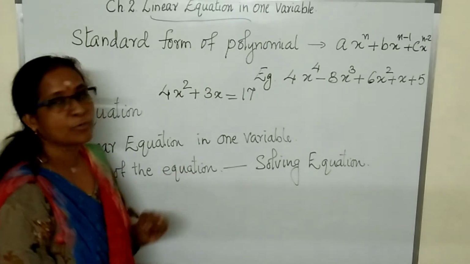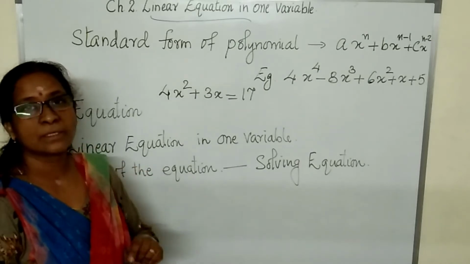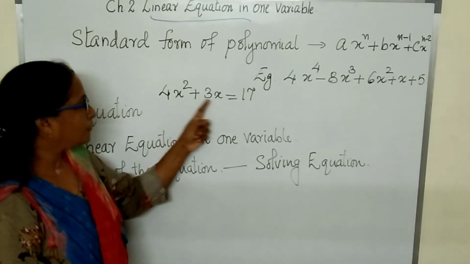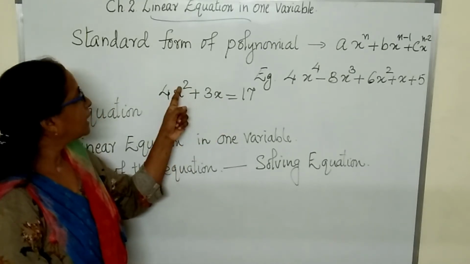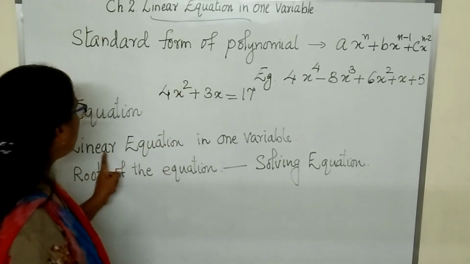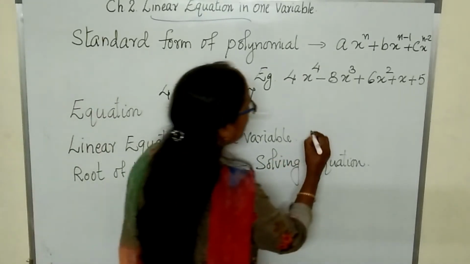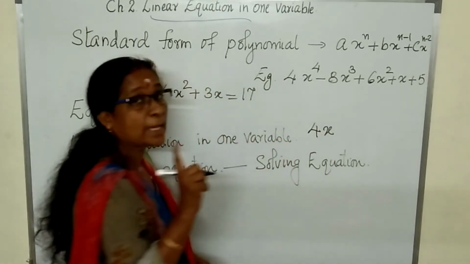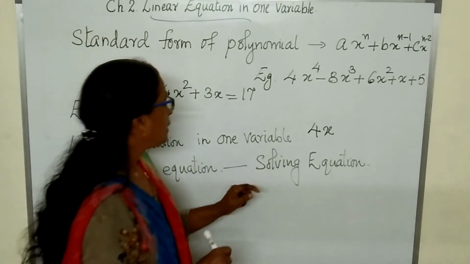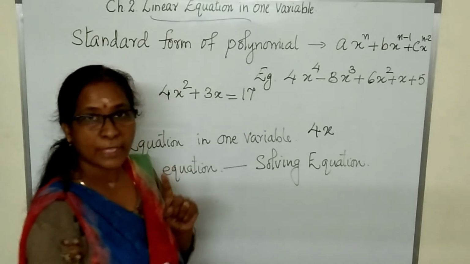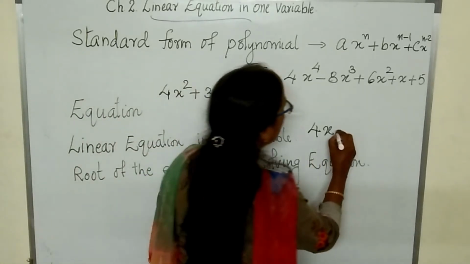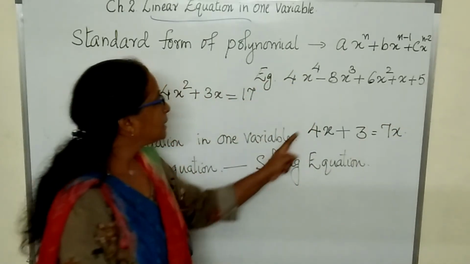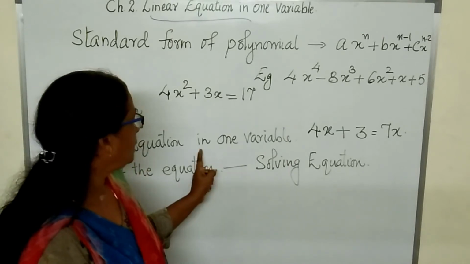Now what is a linear equation? Linear means which will represent a line. Okay. Here variable is only 1, x, but here the power is 2. But a linear equation is an equation in which the power of the variable is 1, or the maximum power, degree of the variable or degree of the polynomial, degree of the expression is 1. 4x plus 3 is equal to 7x. This is a linear equation in one variable.